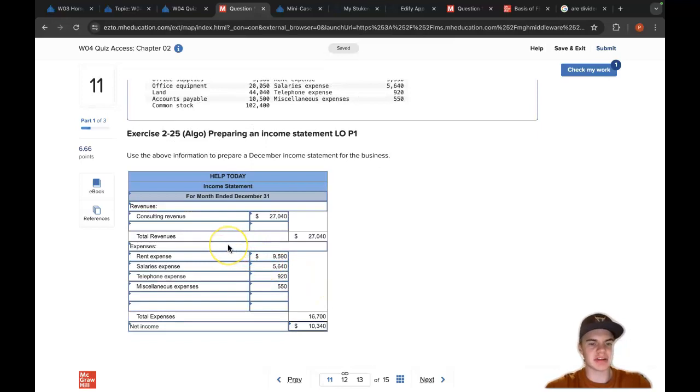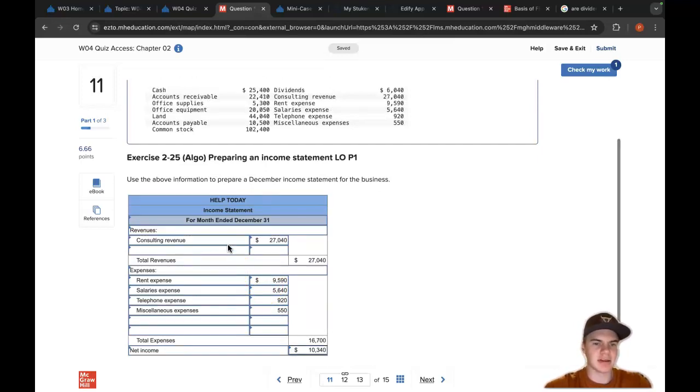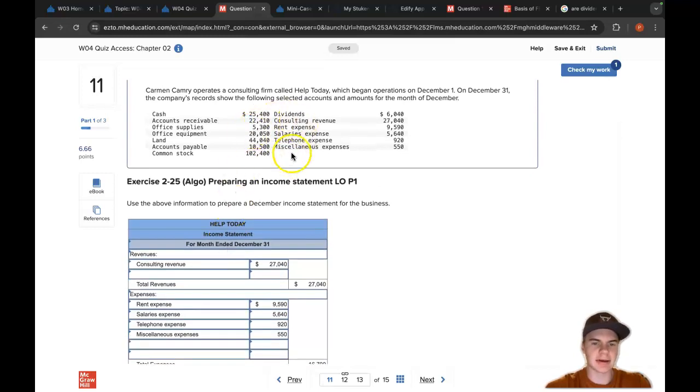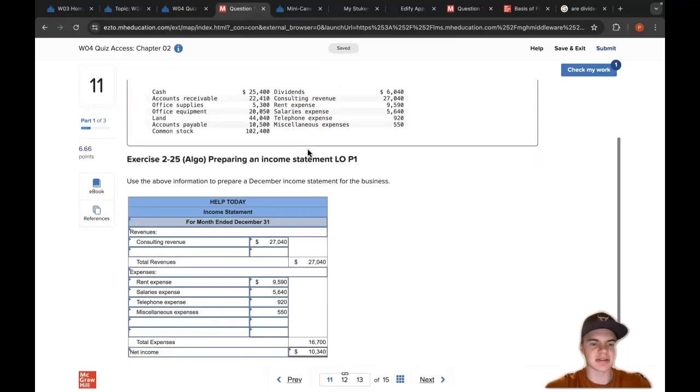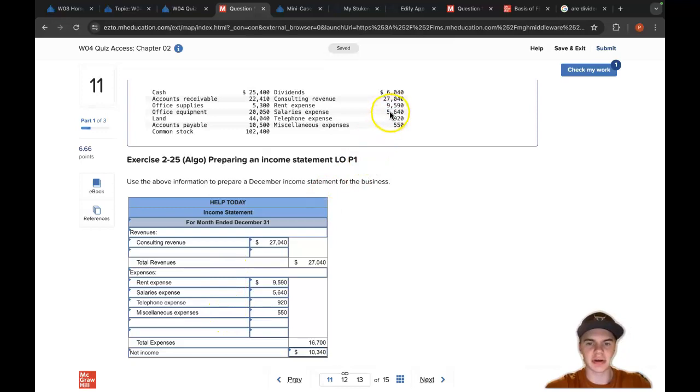The next is our expenses. So we'll input that. And if we look up here, right now our expenses are the rent expense, salaries expense, telephone expense, and the miscellaneous expenses. So we'll input all of those in here and make sure you're carrying the numbers over right from here.